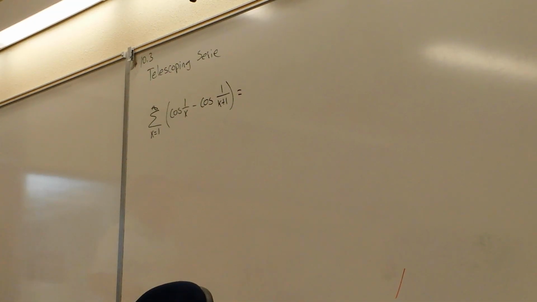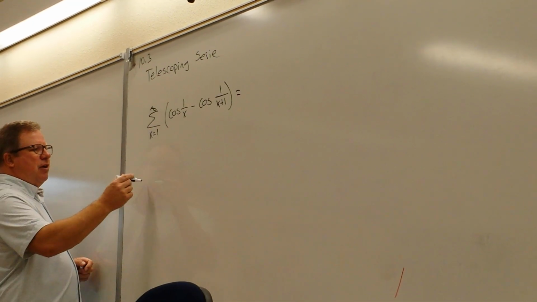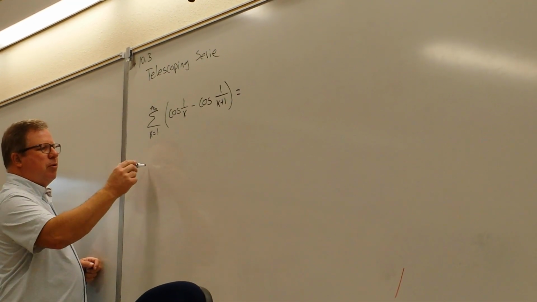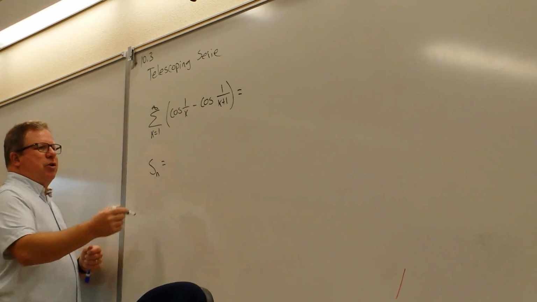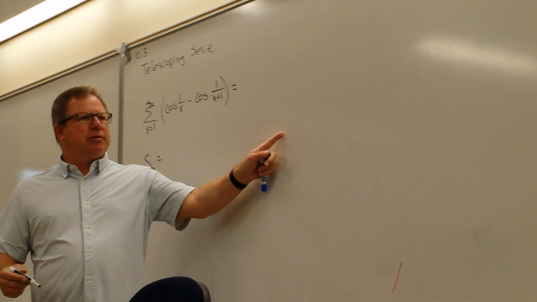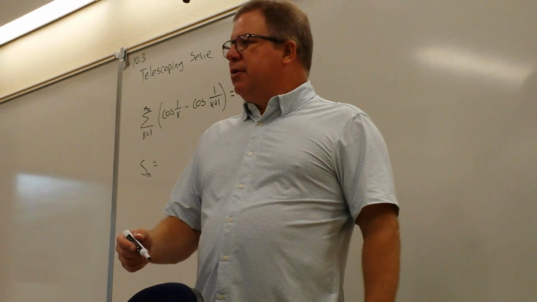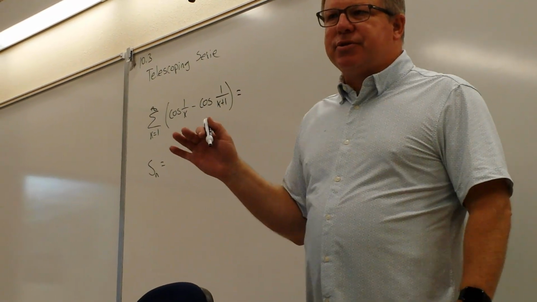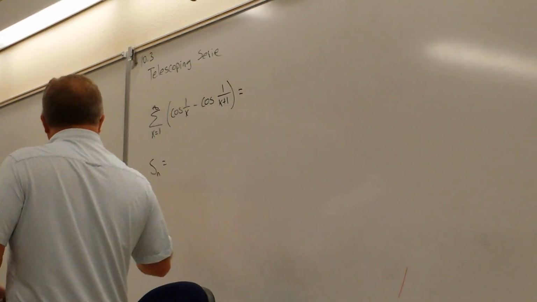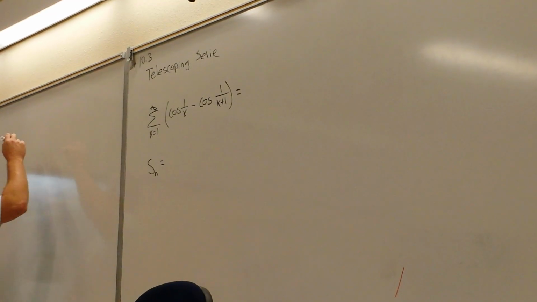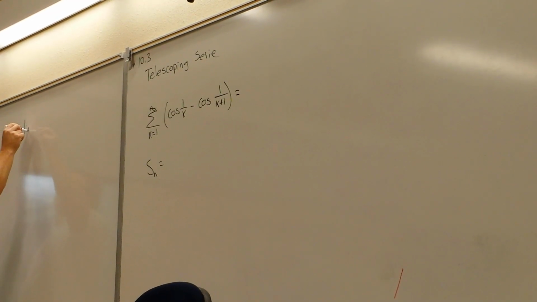Show all your cancellations and get a formula for S sub n, write out the first 3 terms, plus dot dot dot, plus the nth term, cancel out whatever cancels, and then find the limit as n goes to infinity of S of n.